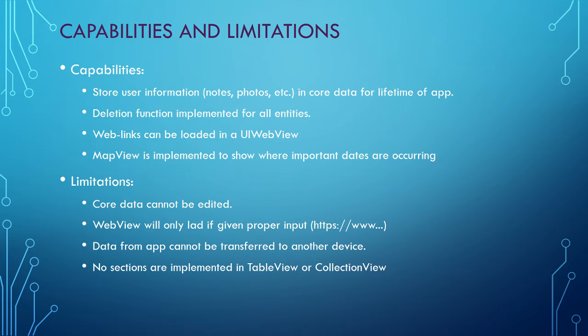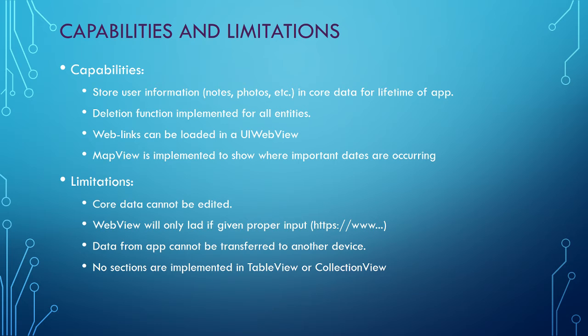I also implemented a UIWebView for the web links, which is a major capability. Instead of trying to load another app or the browser on their phone, I wanted to be able to load the web view information and the URL in the app, and so I embedded a UIWebView inside of the app so that the user can run any of the URLs that they store in the app and interact with these URLs to make it more convenient for the user.